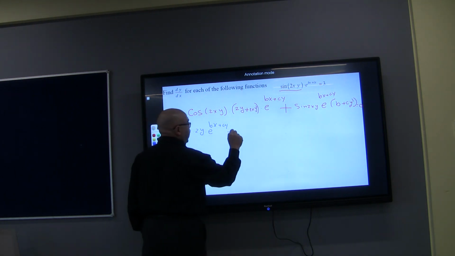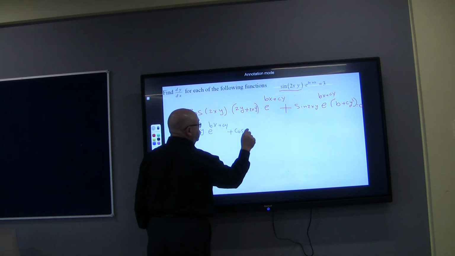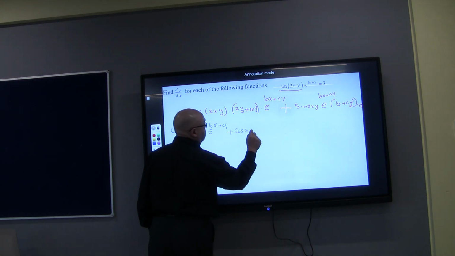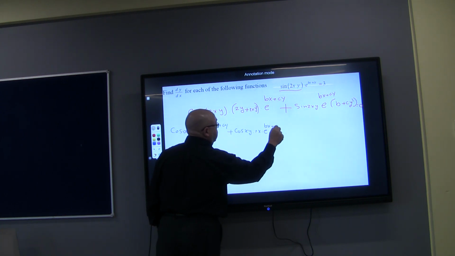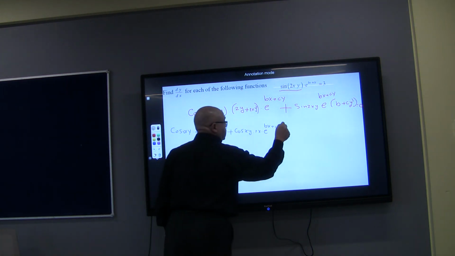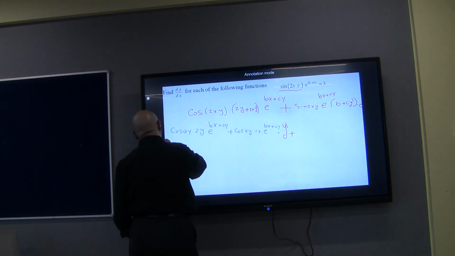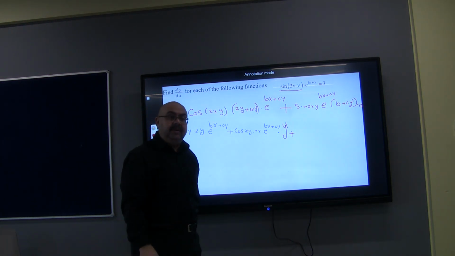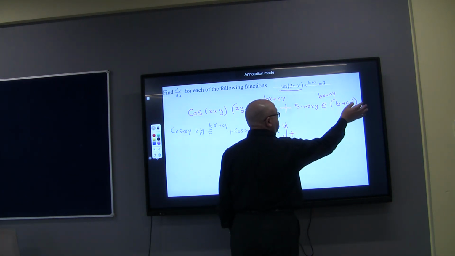Then I will have plus, in the same way, cosine 2xy times 2x times e to the power of bx plus cy, but don't forget this is going to be times y dash. Then plus, I will start doing this again.